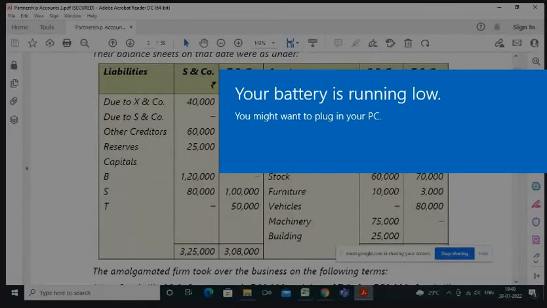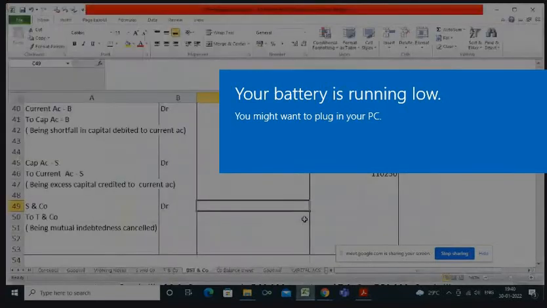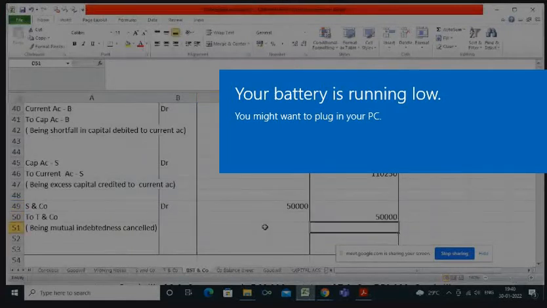So now, since both the firms have amalgamated, this mutual indebtedness has to be cancelled. So S and Co will be debited by 50,000 and T and Co will be credited by 50,000. So the mutual indebtedness will be cancelled off.